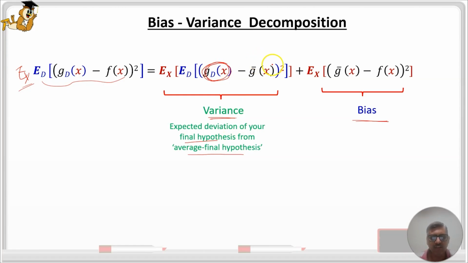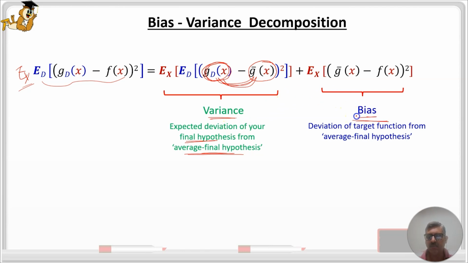This is the average final hypothesis, which is pretty much the best hypothesis available in your hypothesis set. And the expected value of the error resulting from the difference between the two is the variance. So variance is the expected value over D of (g_D(x) minus g-bar(x)) the whole square.